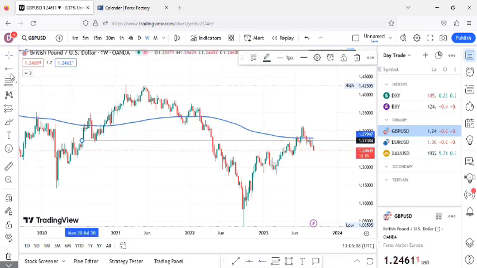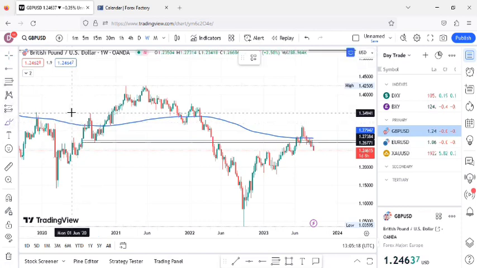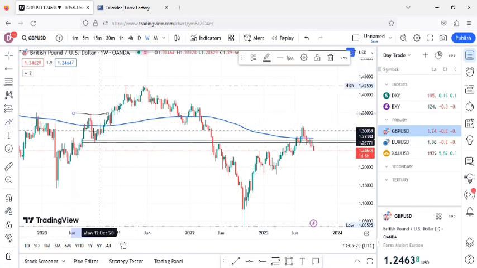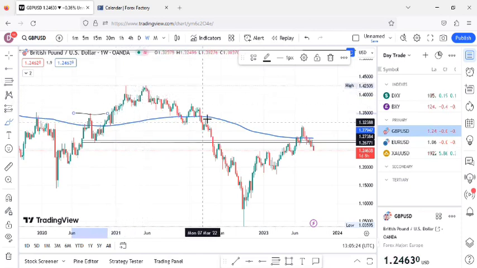We have a level here, then we have a break of structure here. So after this up move, you can see how price came back to react on that level. It breaks it, then uses the place as a support, I mean, as a resistance.